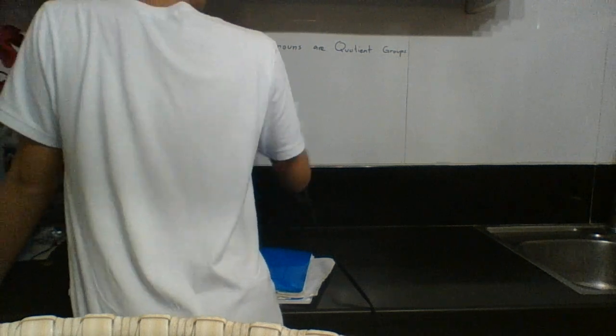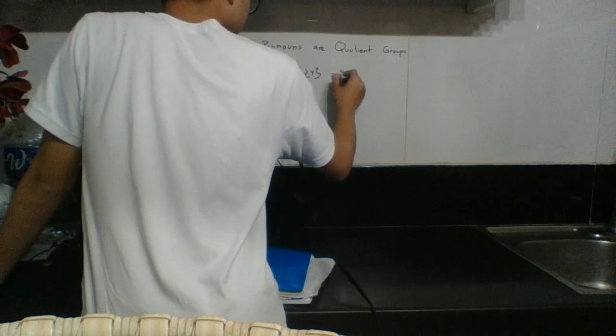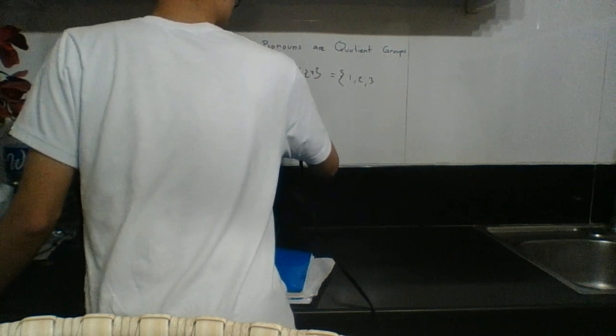Let's see, modular arithmetic, this one. If I have a set 1, 2, 3, 4, and 1 is my multiplicative identity, of course, I'm not claiming this is a group. I'm just trying to illustrate the idea of modular arithmetic. If I mod this out by 4, I'm left with the set 1, 2, 3. I'm gonna expand this to 5, 6 and mod it by 4, so that just leaves us 1, 2, and 3.